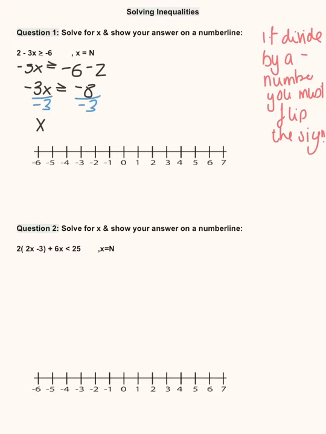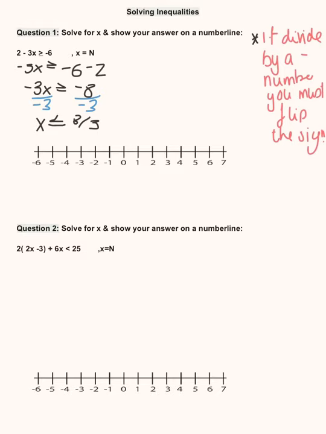You can see I've flipped the sign, I've turned it around. So now x is less than or equal to 8 over 3, because minus divided by minus gives you positive. So I flip the sign as I divide down by a minus number. Our answer here is x is less than or equal to 8 over 3.